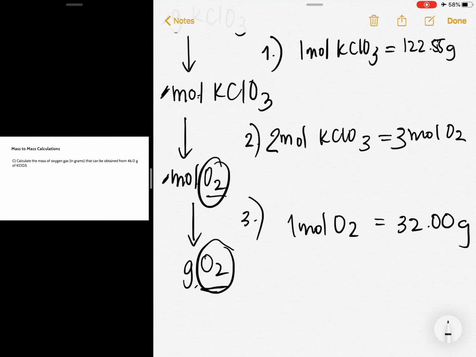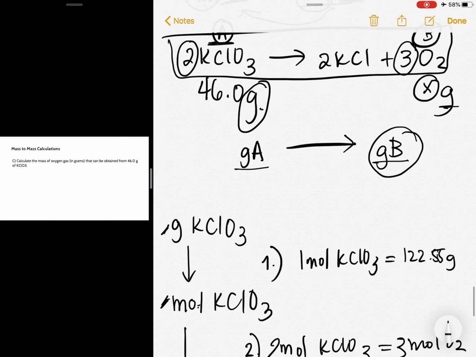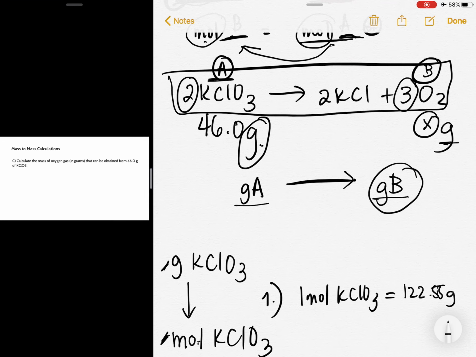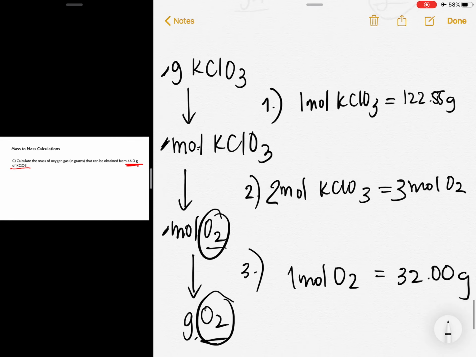Now, class, now that you have all the sets of conversion factors that you need, the next step is to solve. And you would say to me, Miss, hindi ko alam paano ako magsisimula. Whenever you solve problems in chemistry, you always start with the given numerical value. Ano yung binigay sa atin na numerical value sa problem? It's 46 grams of potassium chlorate.